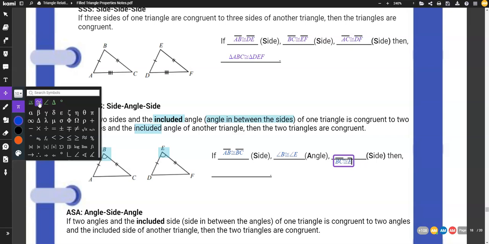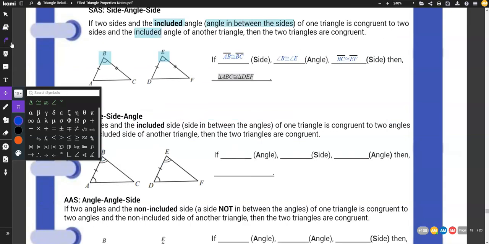Then we can say the two triangles are congruent by side, angle, side. And again, it's going to be the same congruent statement as above because it's the same two triangles. So triangle ABC is going to be congruent to triangle DEF.